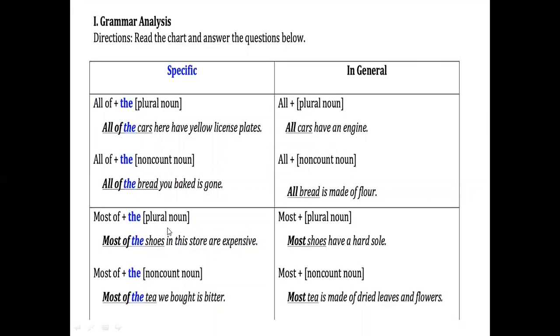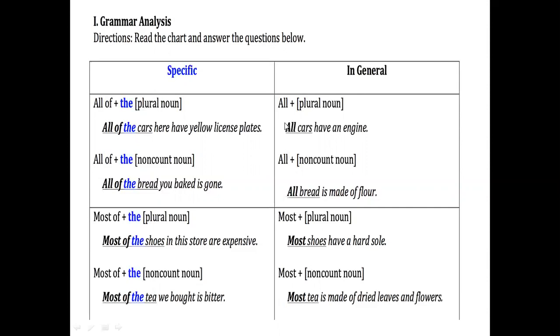For example: All of the cars here have yellow license plates. It's important to take into consideration that after all of, we use the definite article the, because we are referring to something specific, in this case, the cars here.